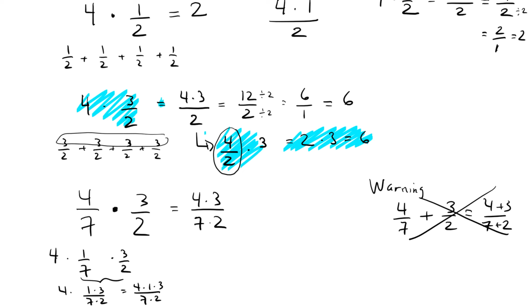You're going to regroup virtually in your head the 4 with the 2. And say, oh, 4 over 2, that's 2. And then times 3 over 7. And now it's automatically reduced because I know 3 and 7 can't be reduced, and that's it. That's my final answer, 6 over 7.